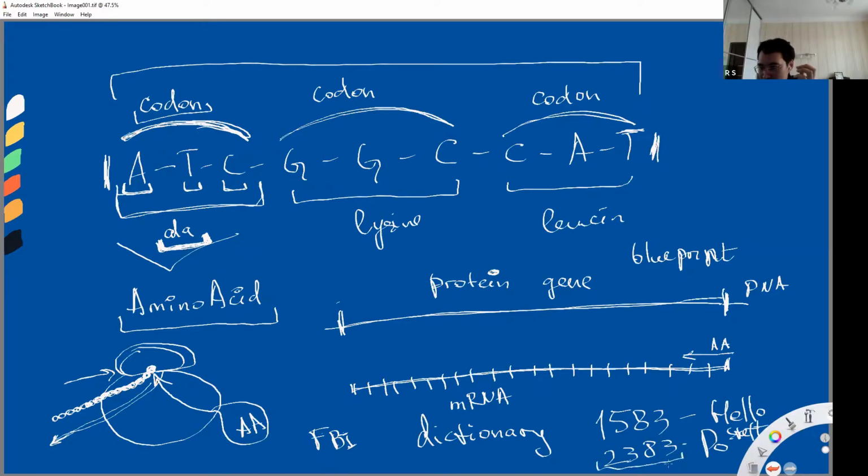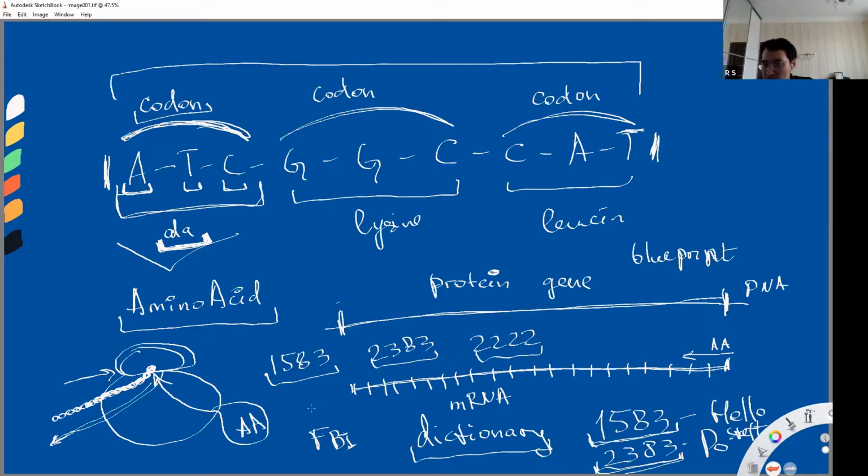And you can recognize these digits as something that you can interpret with this dictionary, okay? And because you have this dictionary, you can have a sequence of these numbers, etc., etc. And then, because you know the meaning of each of these, you can build a whole sentence and receive the instructions, okay?